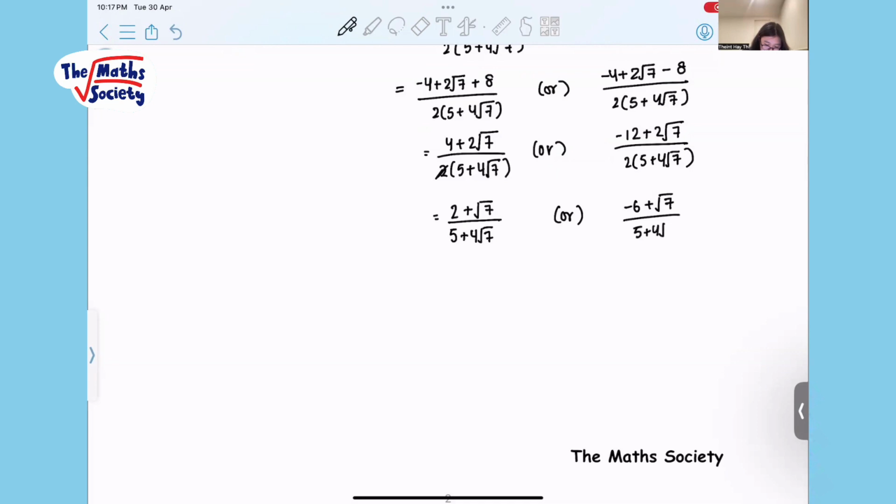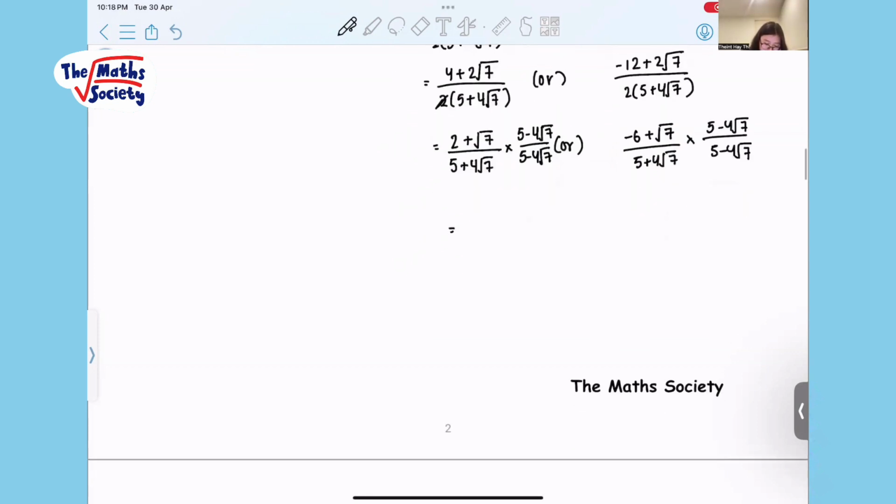And if we have this, we know that we need to multiply by its conjugate. So it'll be multiplying 5 minus 4 root 7 on top and bottom, for both sides, yeah?